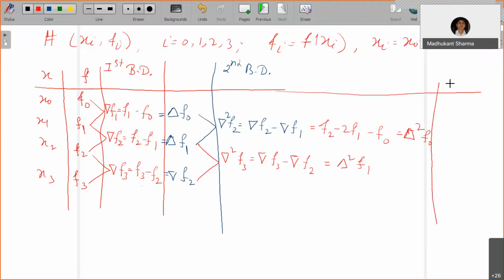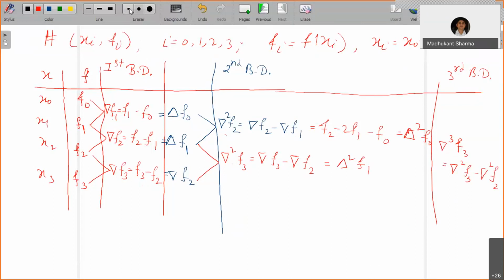Now, third backward difference. So the third backward difference is going to be delta square F3 minus delta square F2. And that is delta cube F3. Okay, right.